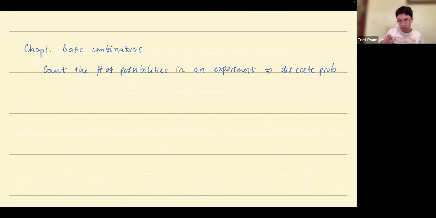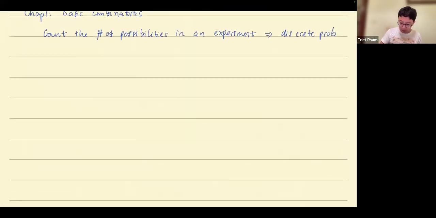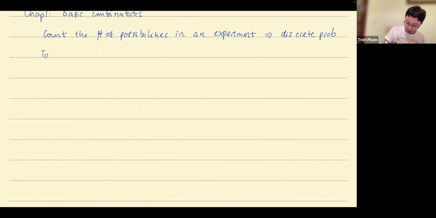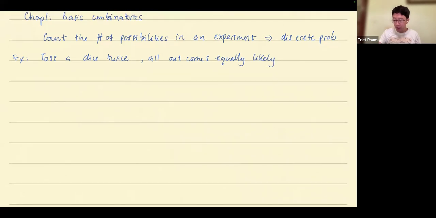So again, one of the examples we can think of is, let's say we toss a dice twice. In this case, if all outcomes are equally likely, and using the multiplication principle, there are 6 squared possibilities total.